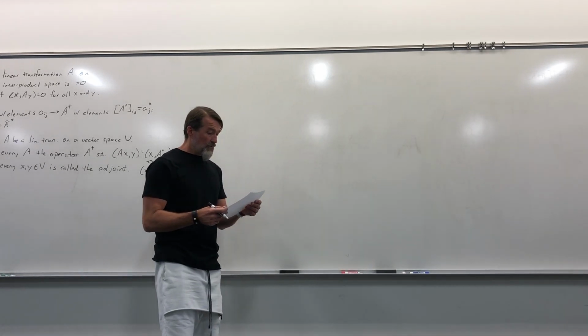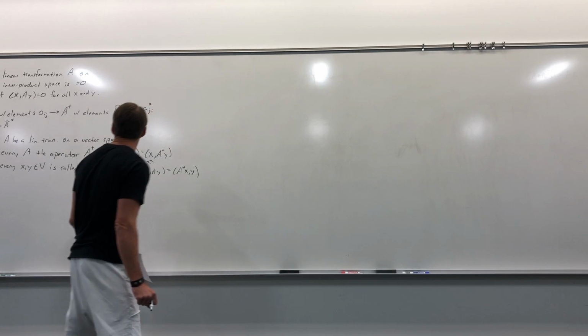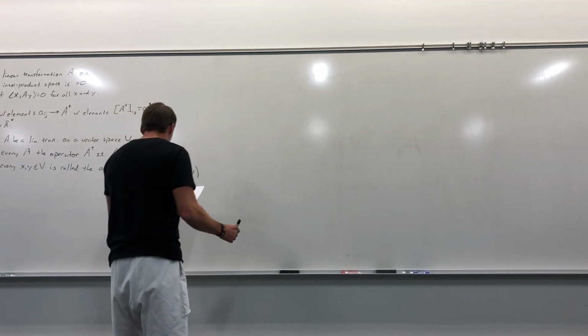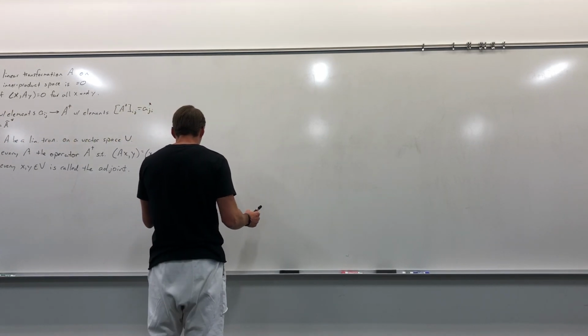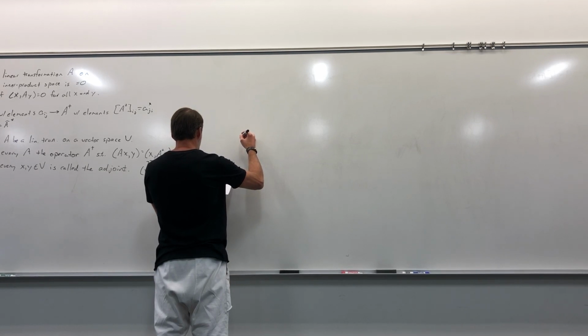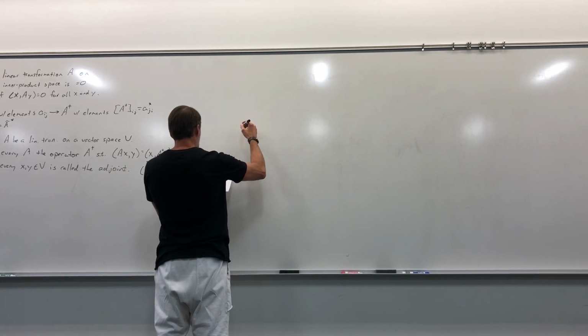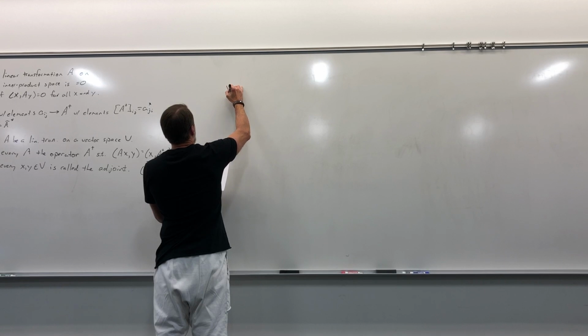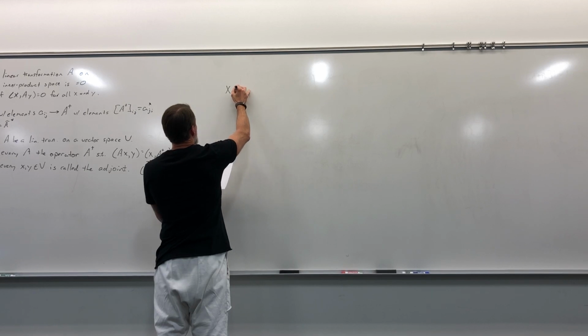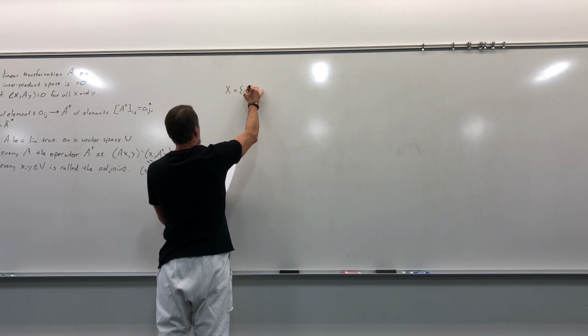Now, to demonstrate the connection between this definition and our matrix definition of an adjoint, we can do the following. I'm going to start with the matrix elements of a linear transformation with respect to an orthonormal basis.